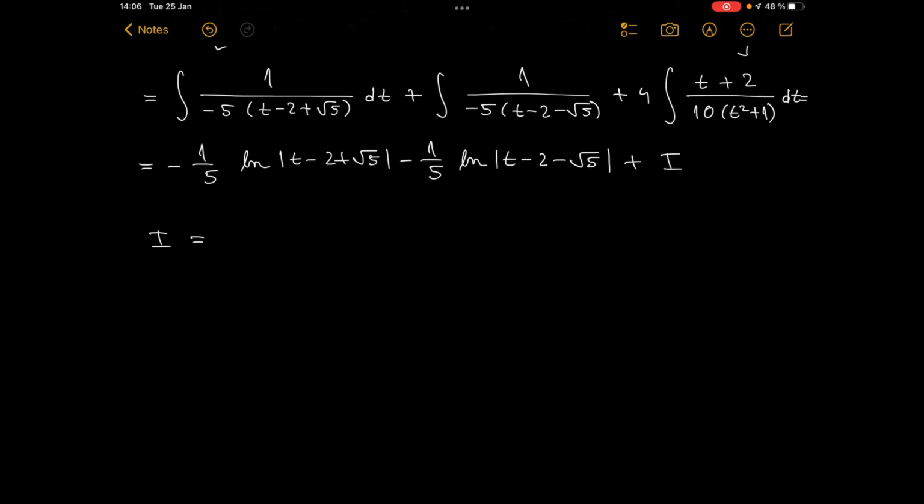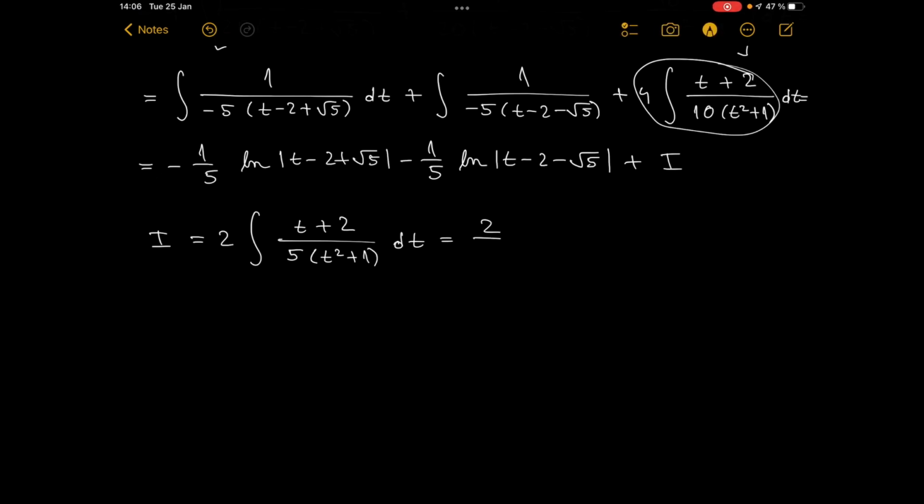I is, this is I. So 2 times the integral of t plus 2 over 5 times t squared plus 1 dt, or 2/5 times the integral.